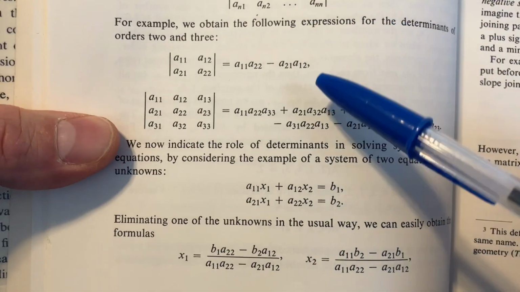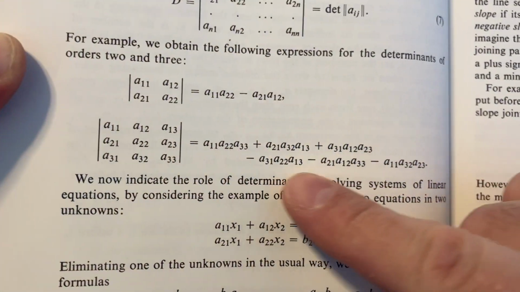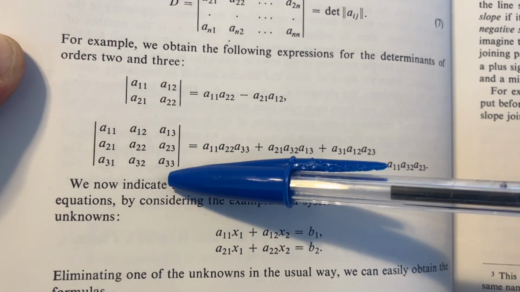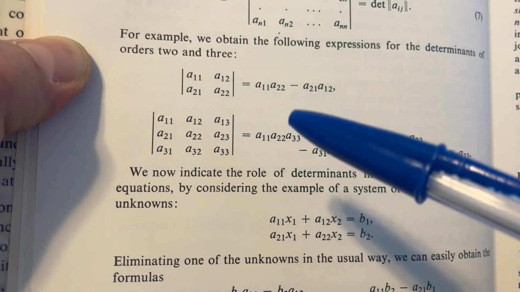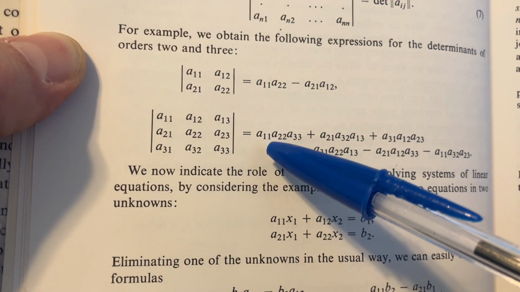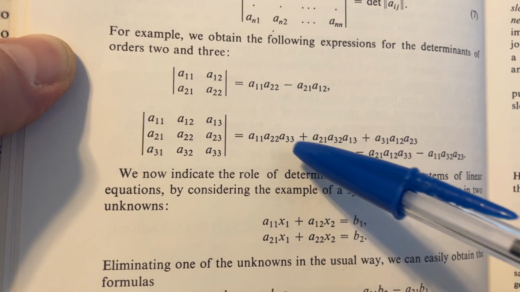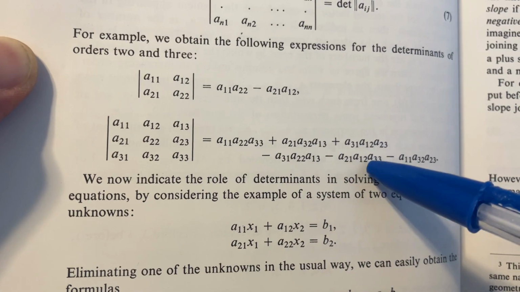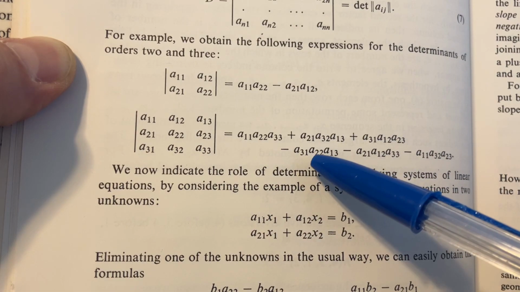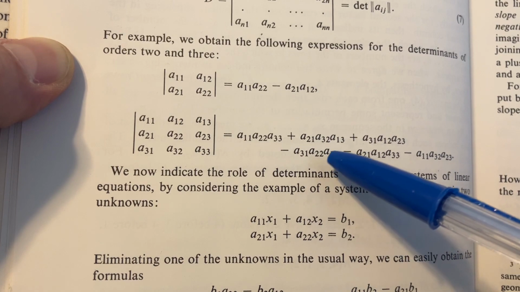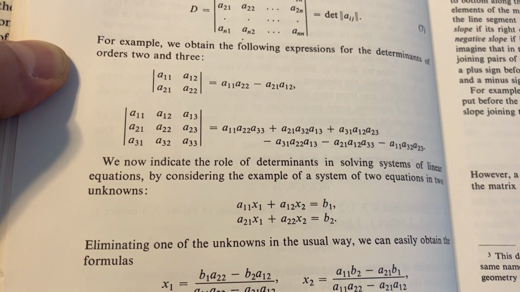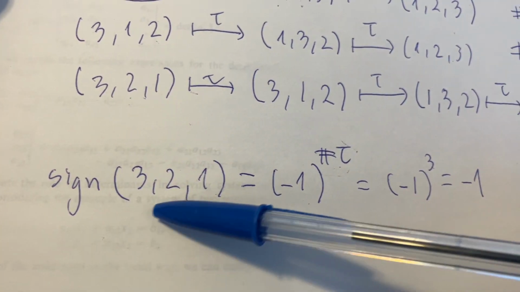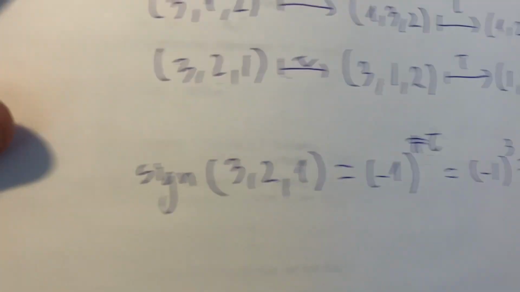In the case of 3 dimensions, again, this is the determinant of the matrix we see here on the left-hand side of the equality. Again, the columns follow an increasing order. So 1, 2, 3, 1, 2, 3, 1, 2, 3, 1, 2, 3, 1, 2, 3, and 1, 2, 3. What about the permutation 3, 2, 1? We computed that one, right? The sign of 3, 2, 1 is negative 1.